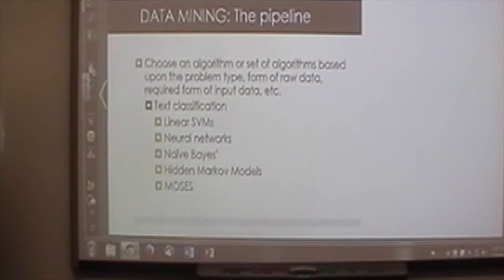Neural networks work quite well. Naive Bayes works well. Other choices include, for example, hidden Markov models, which can be applied there and have had some good successes.